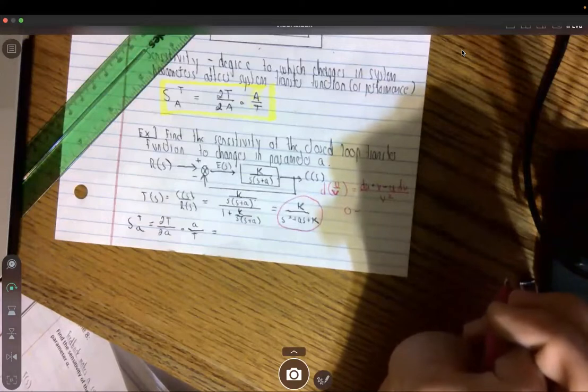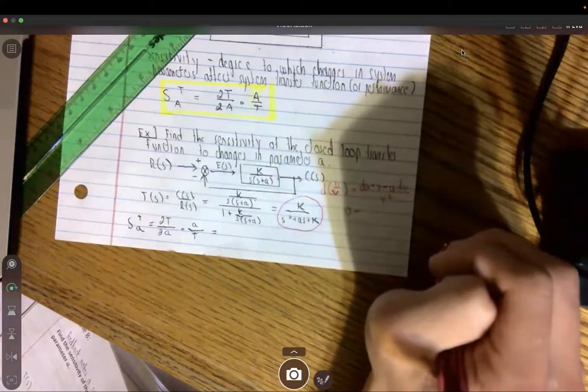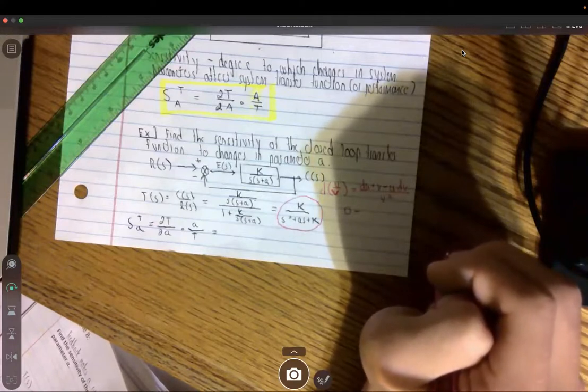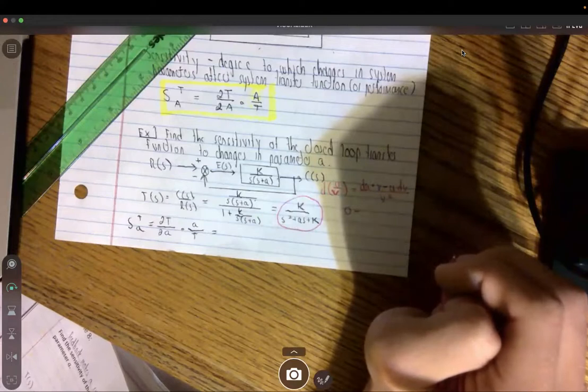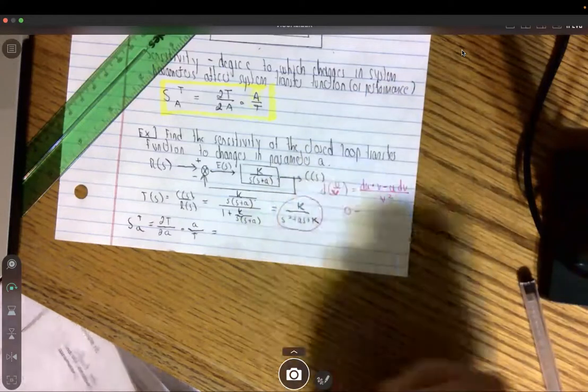So it's going to be K from the numerator multiplied by, and then if we take the derivative of our denominator, what we're going to see is it's going to give us, he did minus SK. Why didn't we have minus SK?